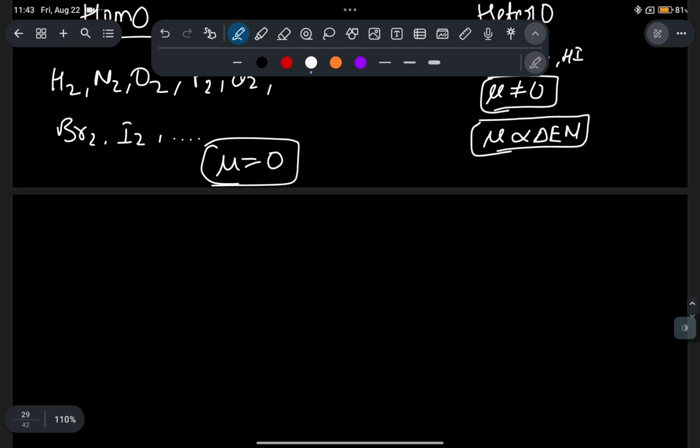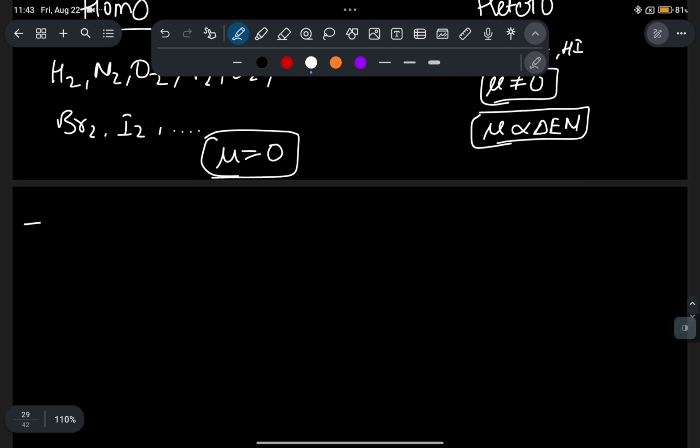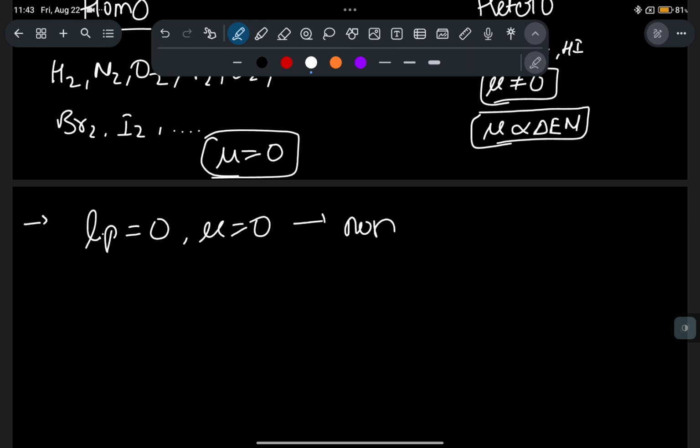Now I will write some points to understand the earlier points. Lone pair equal to 0 means the dipole moment is equal to 0. So these are non-polar, meaning symmetrical.